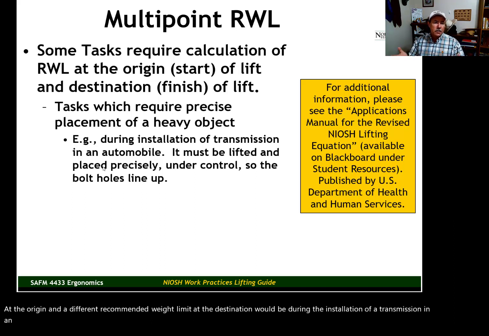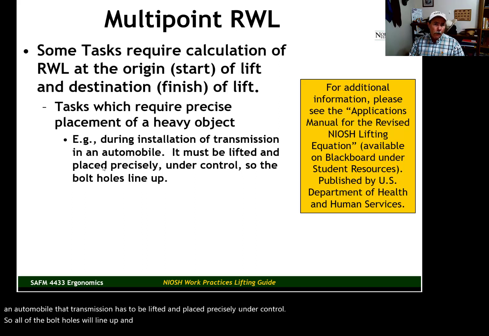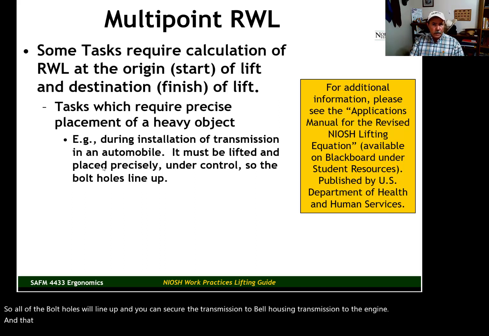That transmission has to be lifted and placed precisely under control, so all of the bolt holes will line up and you can secure the transmission to the bell housing, transmission to the engine. In that situation, you need to calculate the recommended weight limit at the origin and at the destination. So you'd have two recommended weight limits.